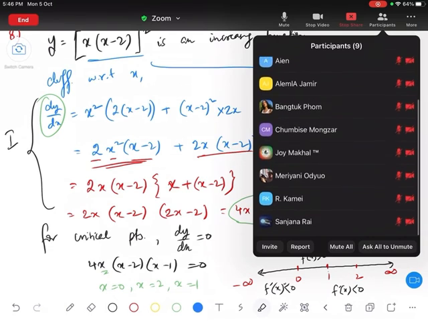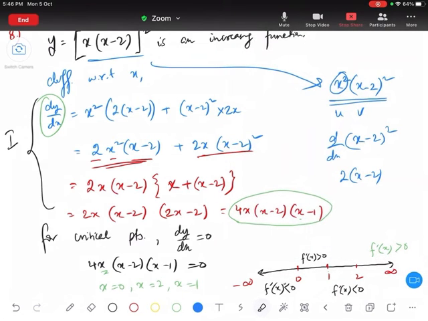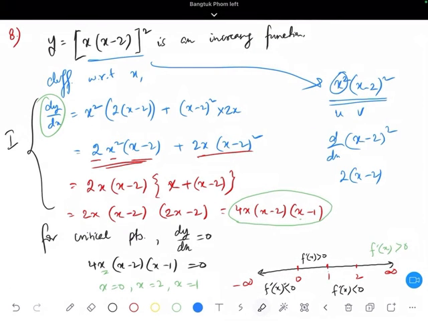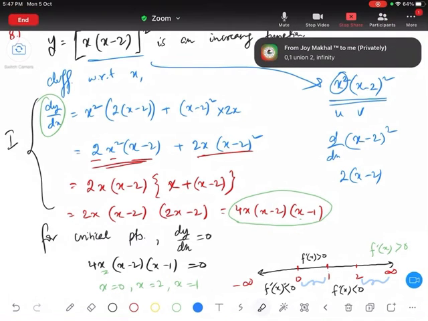Try, guys, try. Look at here, the interval in which f dash x is greater than 0, right? This interval, and the other one is what? This interval, right? So what are the intervals we have? Yes, 0 to 1 union 2 to infinity.